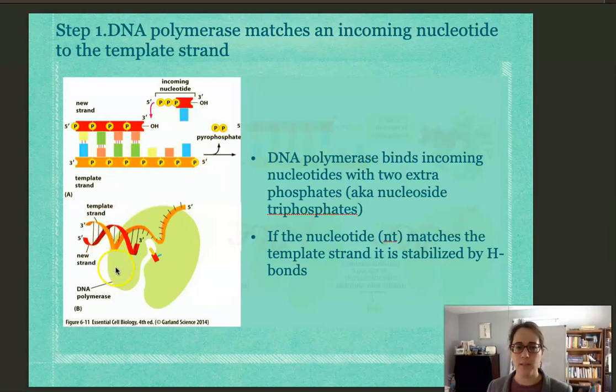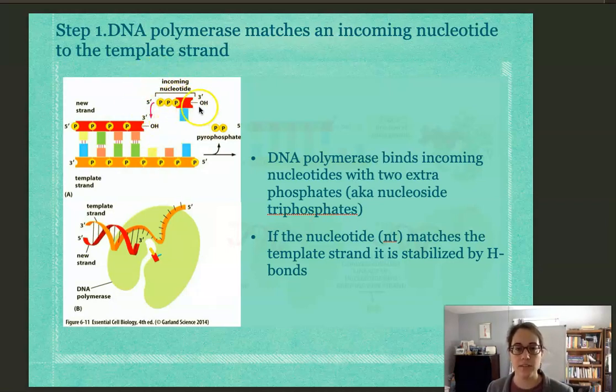And if the correct hydrogen bonds are not made, then that nucleotide is not going to be stabilized, and so it's going to be knocked out of position. If it is stabilized, then that means, or it should mean, that that's the correct nucleotide to match up with the template strand. And then we're going to cement that nucleotide into place.